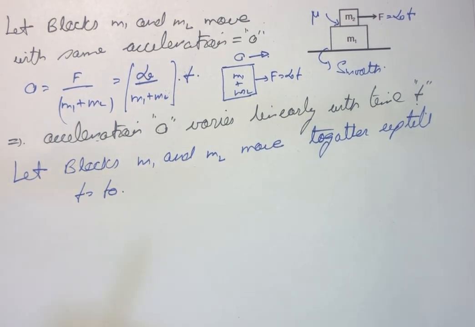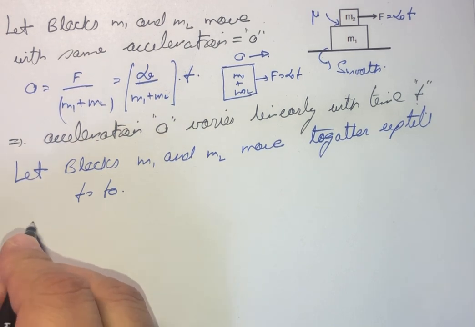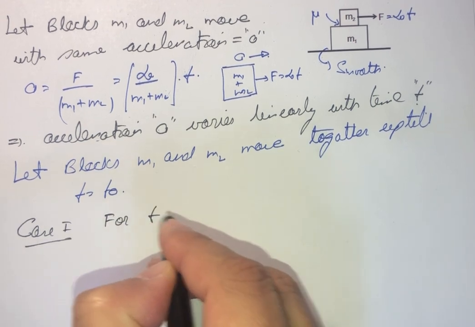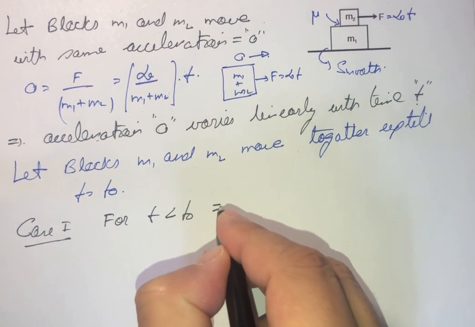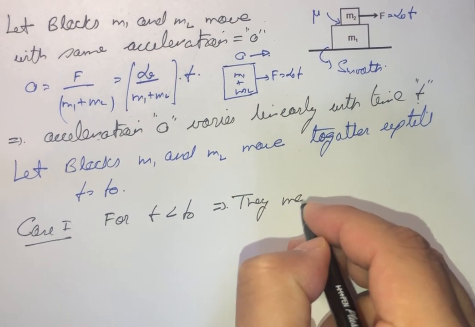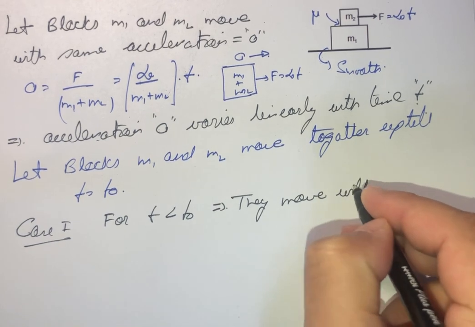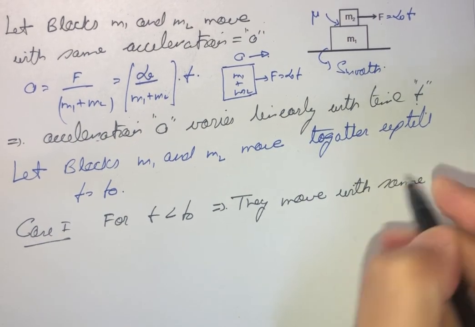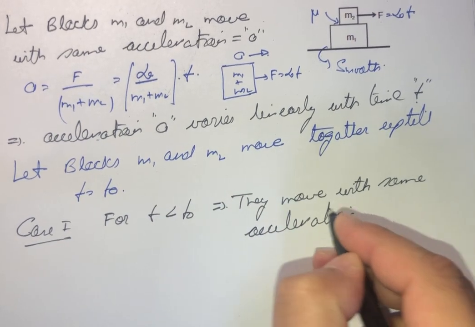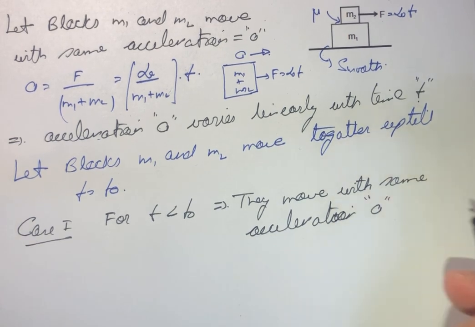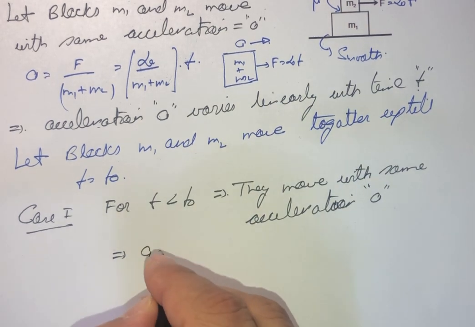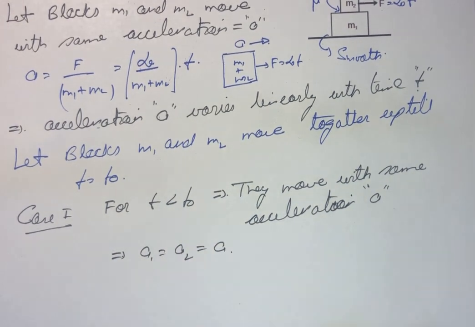So from here we can make two cases. Case number 1, for t less than t naught, they move with the same acceleration, which is nothing but a. So if a1 and a2 are their respective accelerations, this will be equal to a.